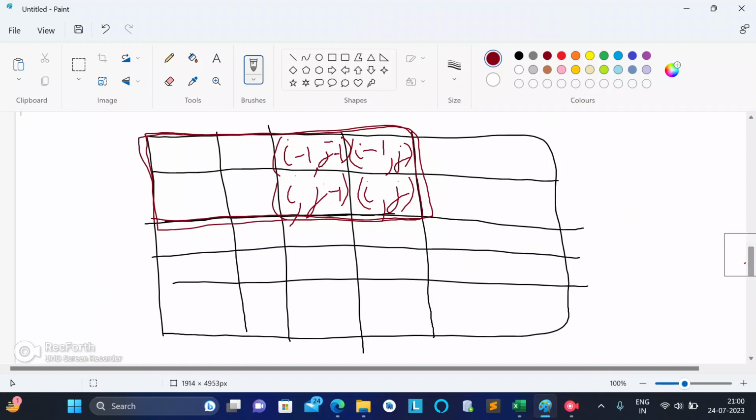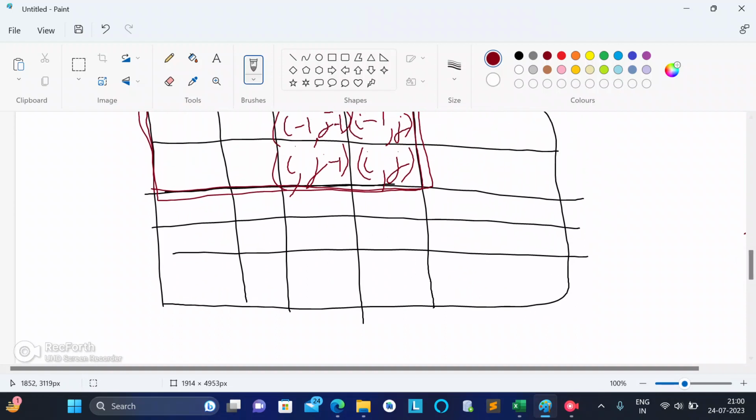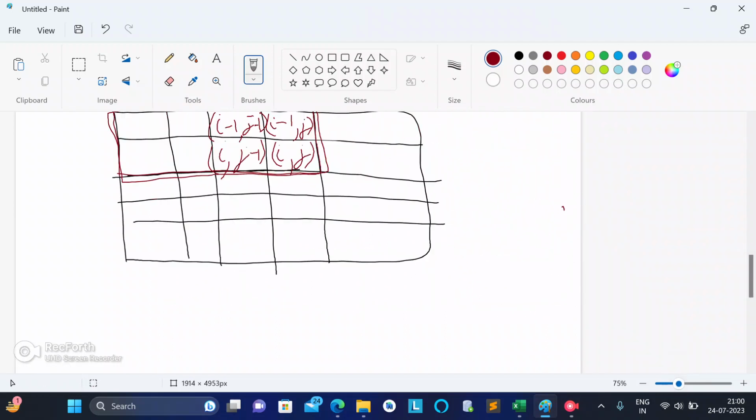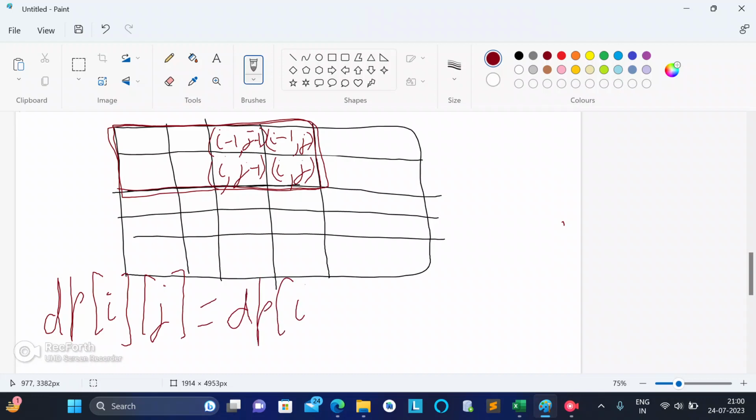So actually here it is a form of dp only. So I will write the dp state here. What the dp says: dp of ij denotes the sum till the ith row and jth index, which is equal to dp of I j minus 1, the sum till the ith row and j minus 1 index.